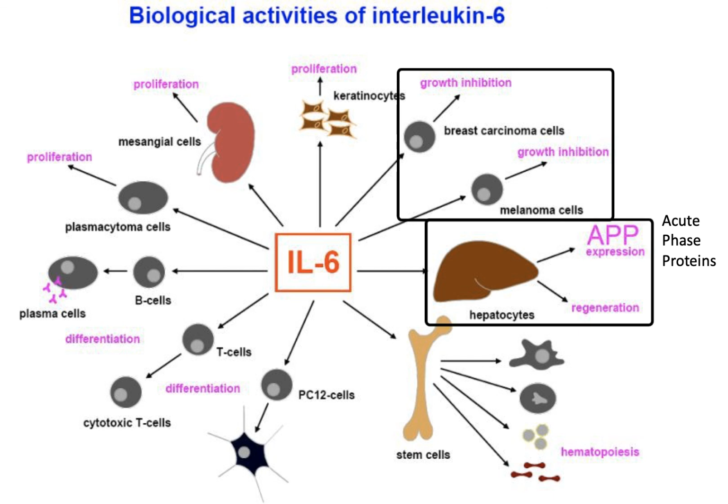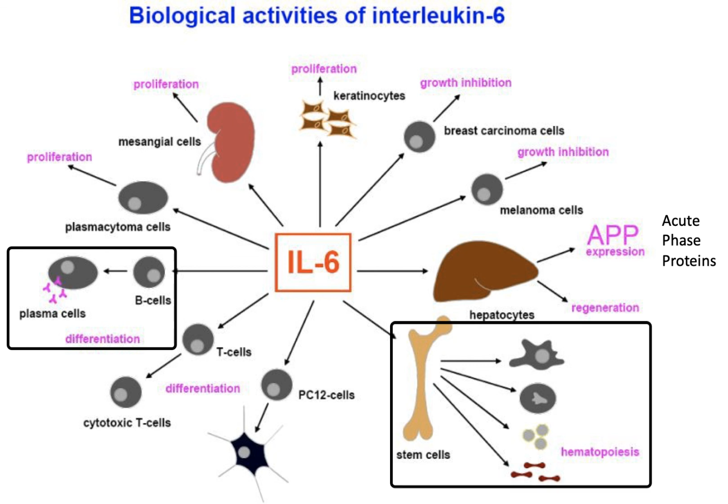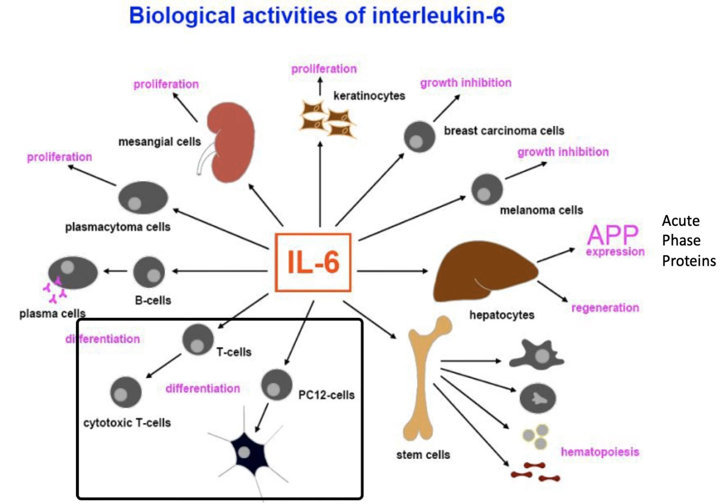It can have regenerative effects, for instance, in liver tissue. It can cause differentiation of certain types of blood cells. It can also cause differentiation of cytotoxic cells and other types of cells in the immune system. So even one cytokine can have wide-ranging effects depending on the receptors on other cells in the body.